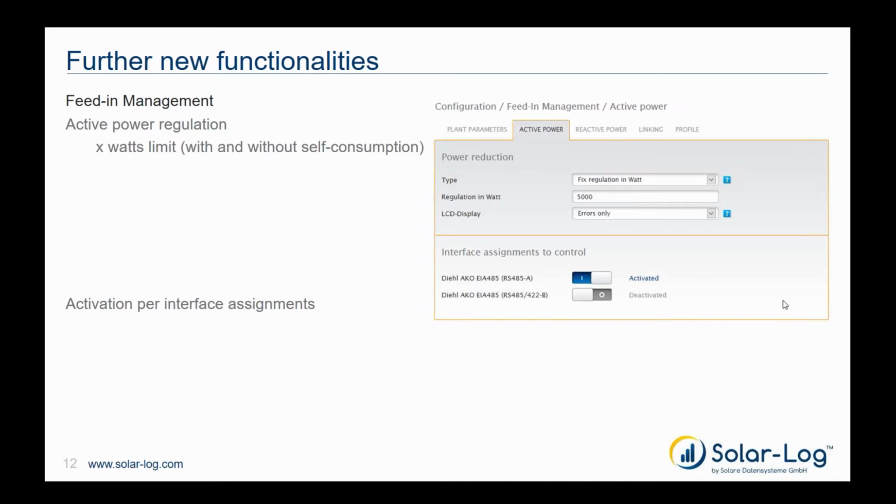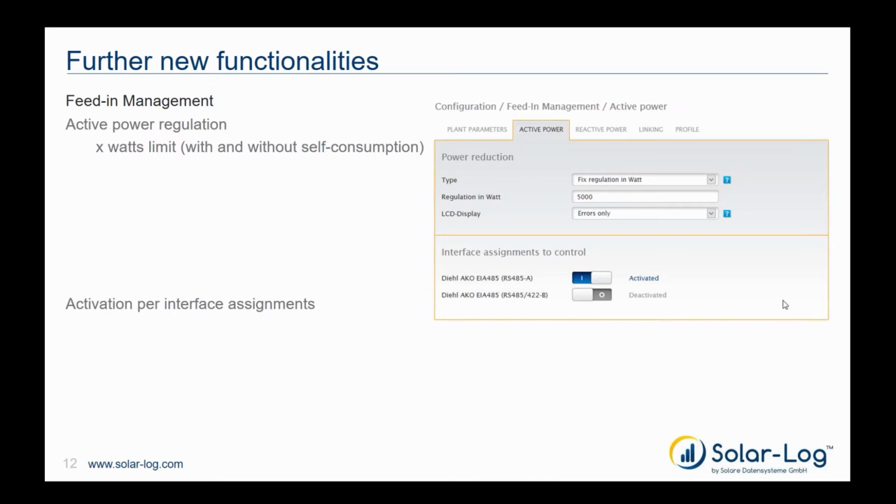So there are a lot of installations where they have combined plants with wind and PV, and they have a maximum feed-in possibility of like 5,000 watt in this example. So what does the SolarLog do? It has two generators. One is the unregulated generator like the wind, and the other is the PV generator. This one can be regulated by the SolarLog.